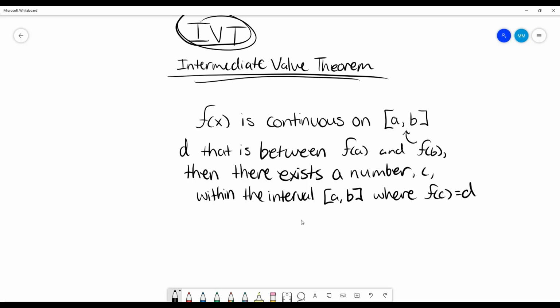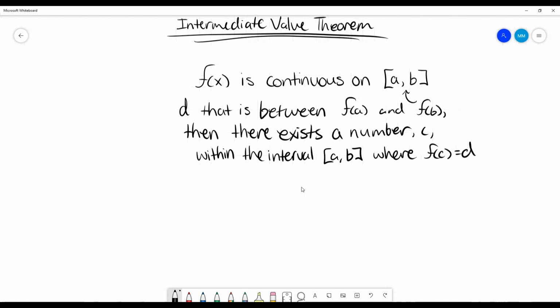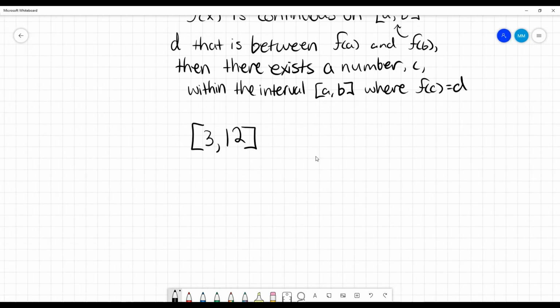And what that really means is that, say, we have a continuous function on the closed interval from like x is 3 up to 12, right?